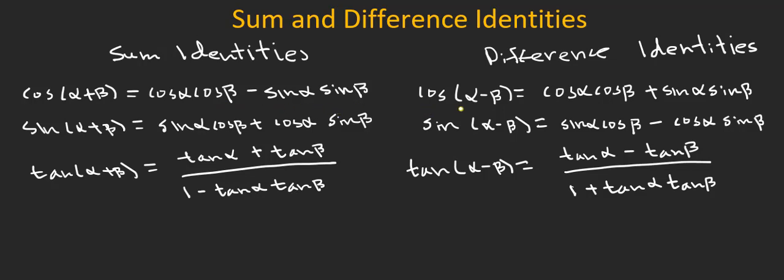And cosine of quantity alpha minus beta is equal to cosine alpha, cosine beta plus sine alpha, sine beta, and so forth. I'm not going to go into detail of how we got these formulas. I'm just going to focus on how we can apply them.